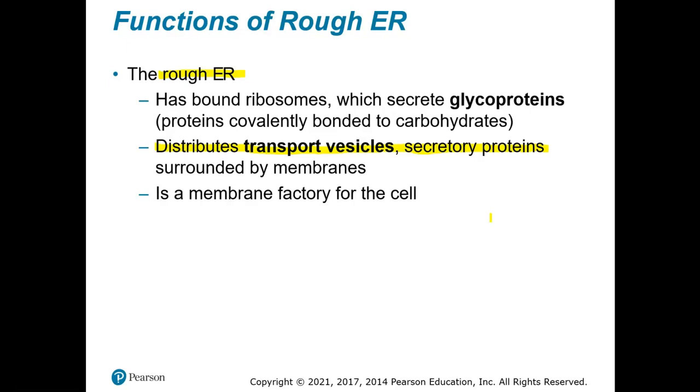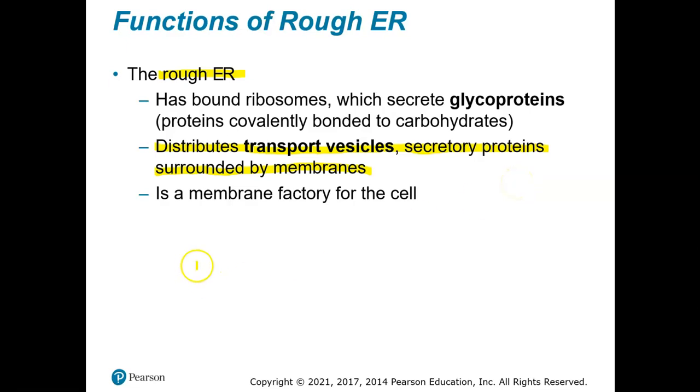Maybe, for example, this is a cell in the pancreas and it produces insulin. Insulin is a hormone that is a protein, so it's designed to be secreted outside of the pancreas. A vesicle contains proteins that are surrounded by membranes, and they're transport vesicles to transport those proteins.